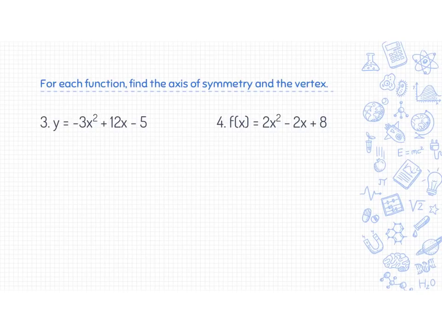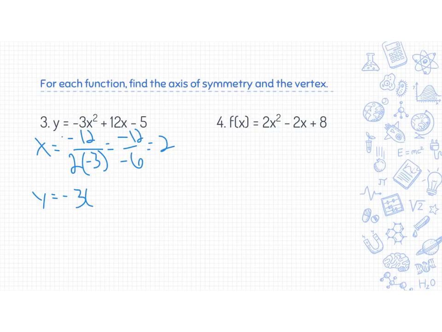So for each function, find the axis of symmetry and the vertex. Let's start with number 3 here. So we said axis of symmetry is x equals negative b, which in this case b is 12, over 2a, and a is negative 3. So we get negative 12 over negative 6, which is 2. Now we want to substitute that back in so we can get our y value for our vertex.